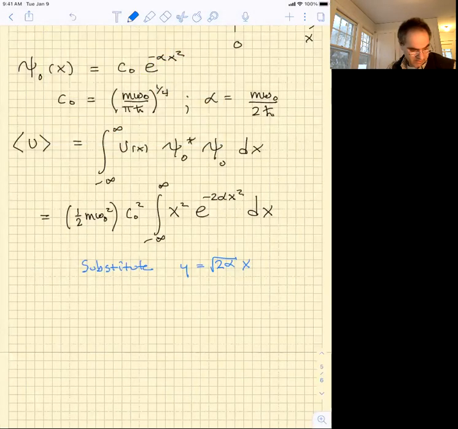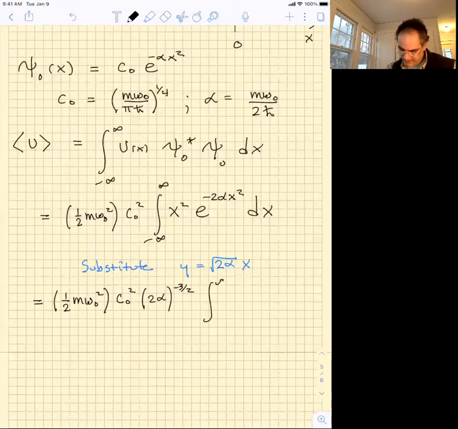After that substitution, the result will be 1/2 m omega naught squared times C0 squared times (2 alpha) to the power of minus 3/2 times the integral from minus infinity to infinity of y squared e to the minus y squared dy.